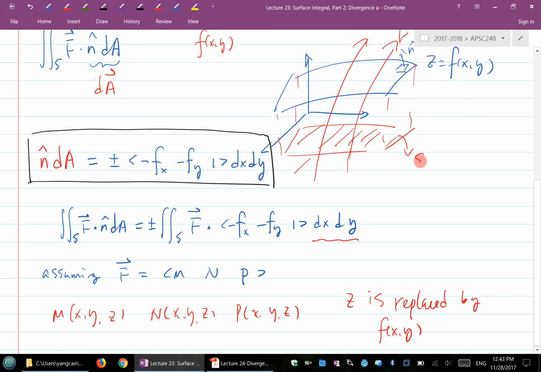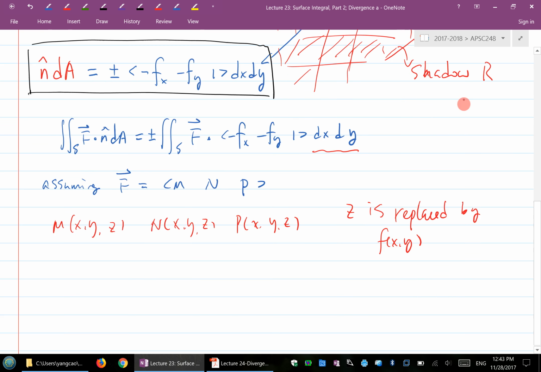So let's say this is the shadow here. Okay, let's call it shadow R. The x, y limits are determined by the shadow of the surface, or the projection of the surface in the x, y plane. Okay, so that's another thing.